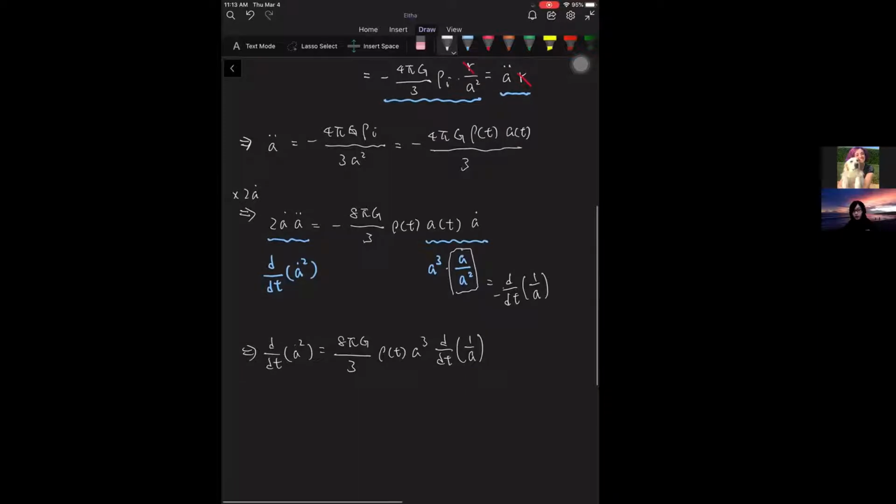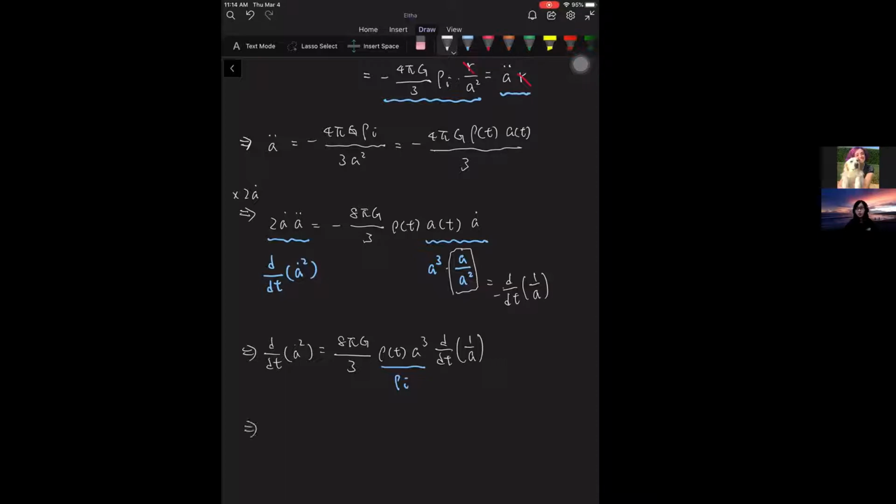Basically this term is just rho i, so it's a constant. So we can take it out. It doesn't influence the time derivative.